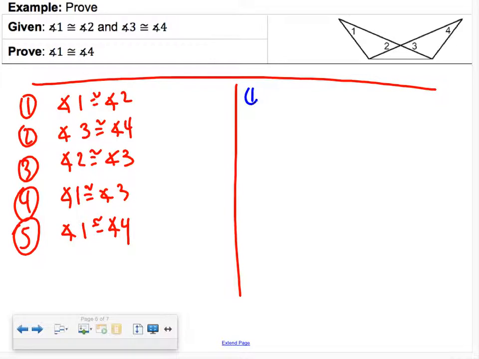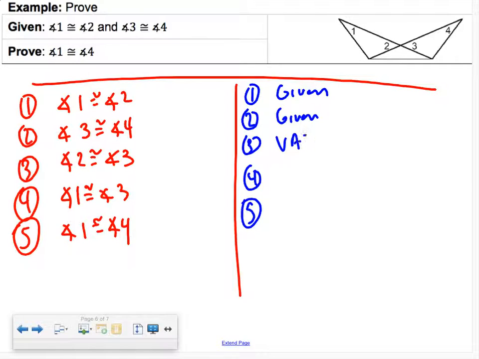All right, so what are the reasons here? We know line 1 is going to be given, and line 2 is going to be given. Line 3, if you were listening, I said they were vertical angles. So VAT, vertical angle theorem, says that they are congruent. So angles 1 and 3 have to be congruent by the transitive property of congruence.